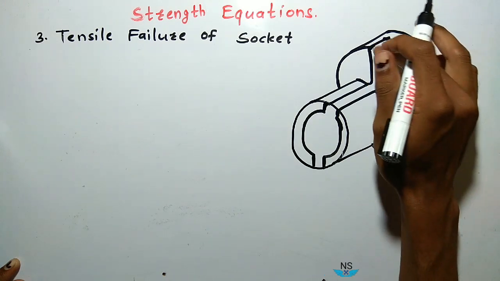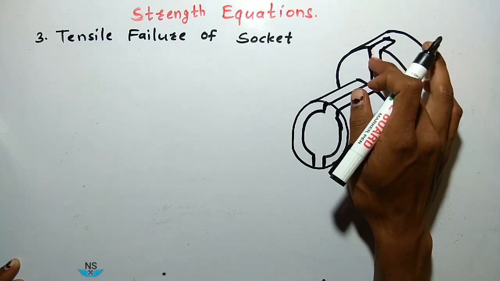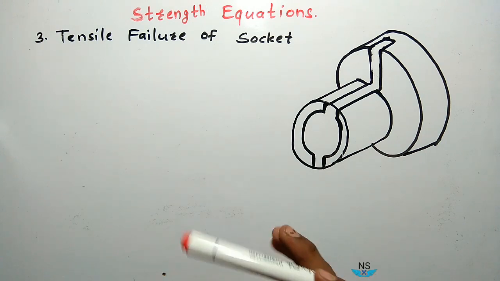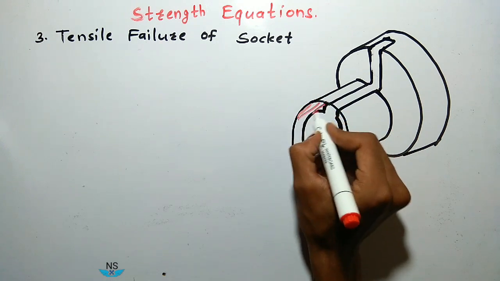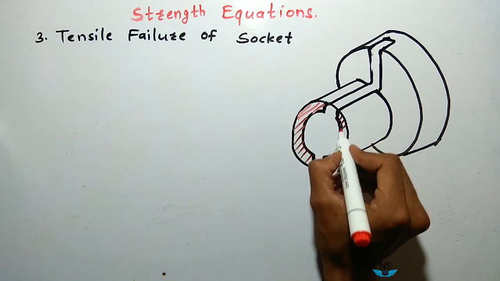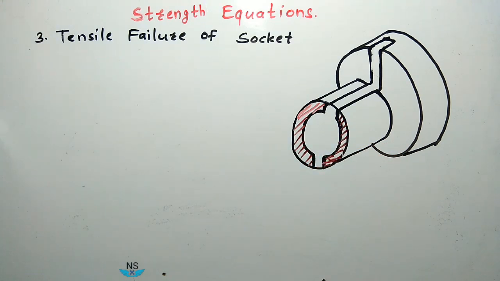So this is the slot of quarter. So where does the failure take place? At this section. So this is the failure area. Red hatching area is the failure area.